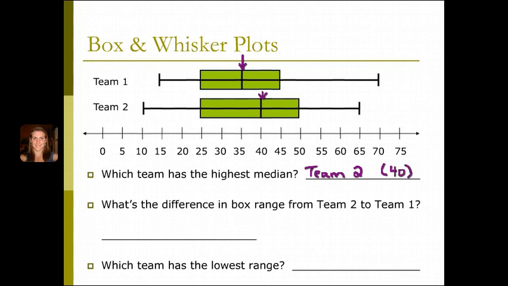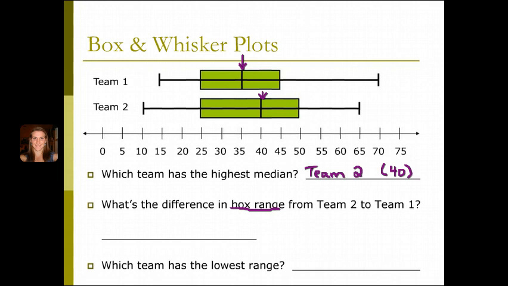35. Then our second question, what's the difference in the box range from Team 2 to Team 1? So what we need to do in this situation is find the range in each box, okay, and then do the difference, so subtract.